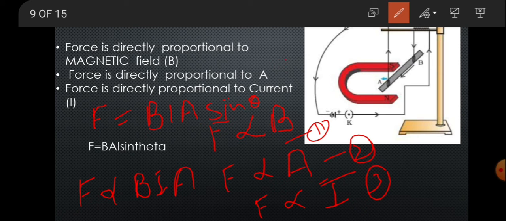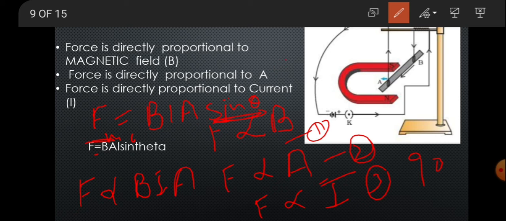The value of force is maximum if theta is 90 degrees, because sin 90 is 1. So the maximum force is equal to BIA, and the force is minimum when sin theta is 0.